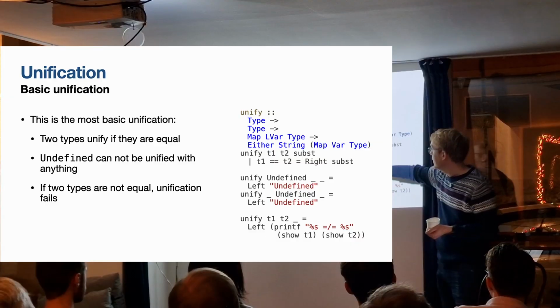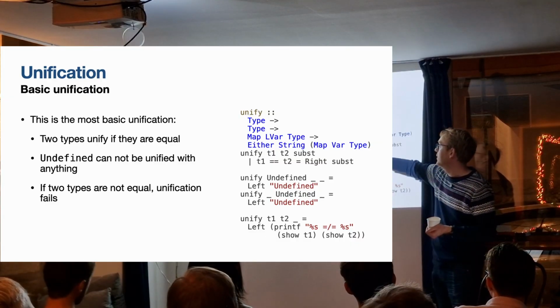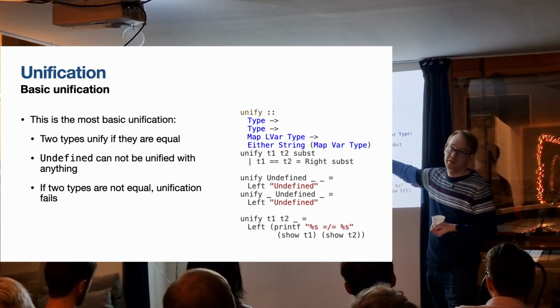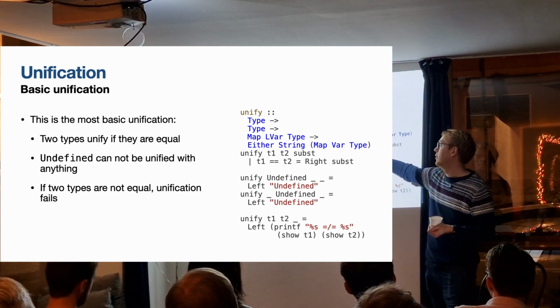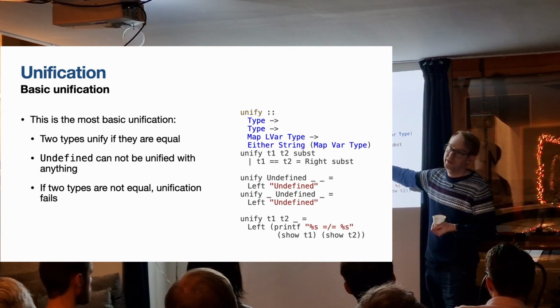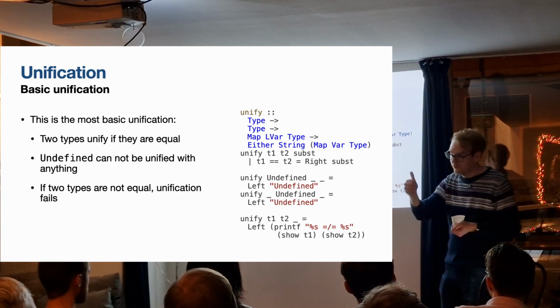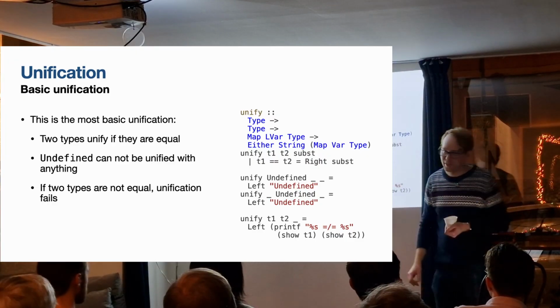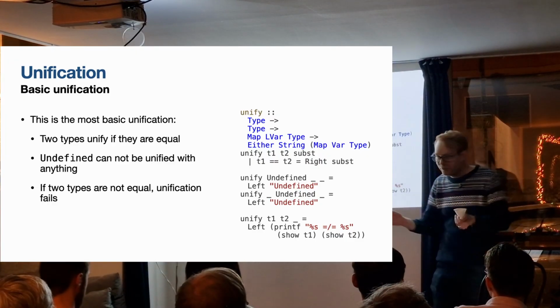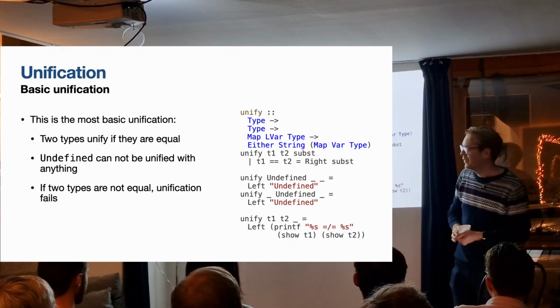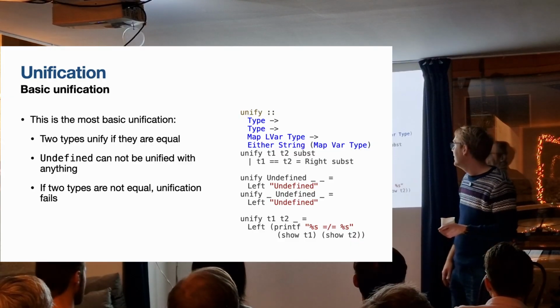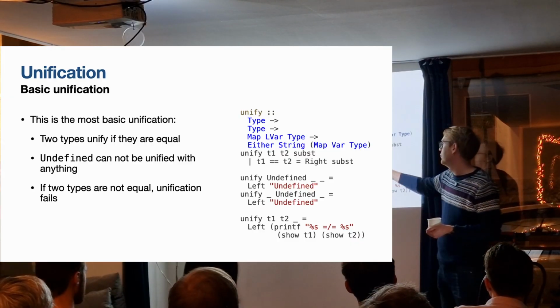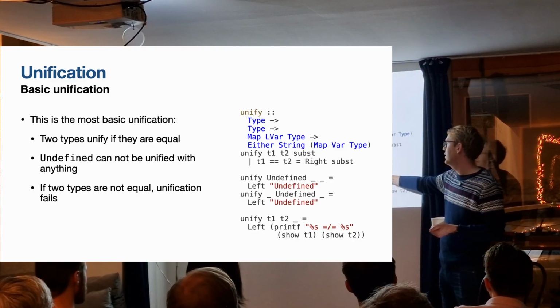And again, the most basic case is that both of these types are equal. Then we don't need to do anything. Okay, you said that an int is an int. Fair enough. No objections. Then we also have the special rules for undefined.